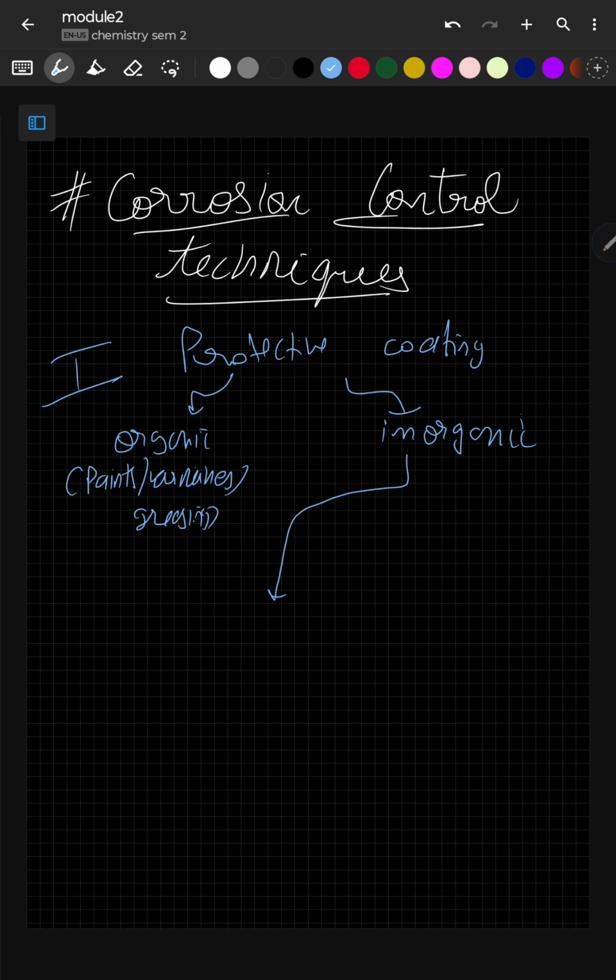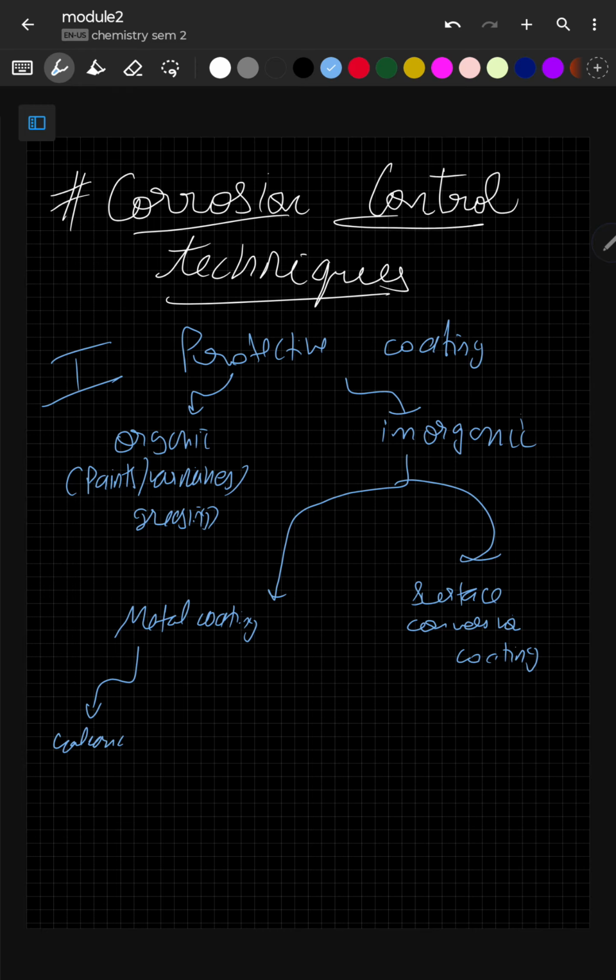And inorganic has two types: metal coating and surface conversion coating. Under metal coating, you have galvanization, which is anodic coating, and then you have tinning, which is cathodic coating. And surface conversion coating is anodization.